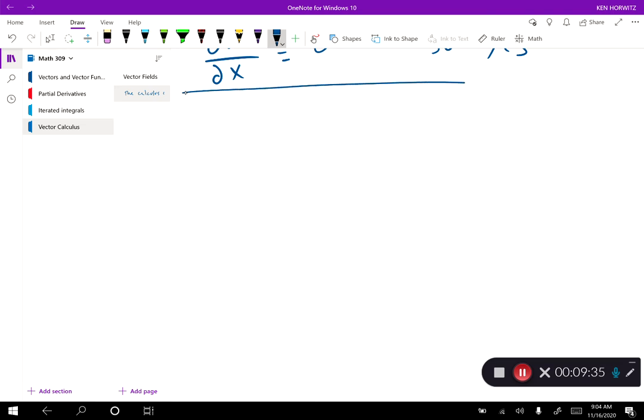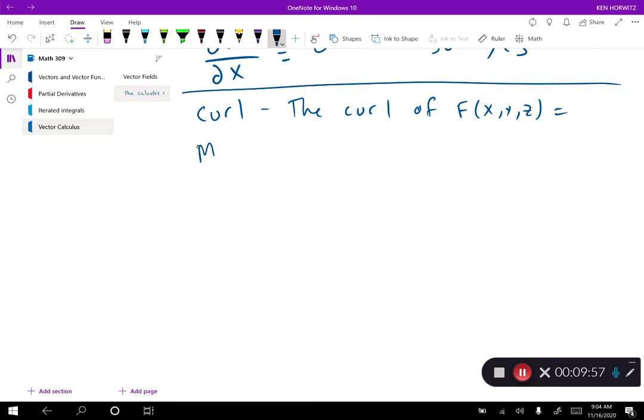The next thing we're going to talk about quickly is the curl. The curl of F of x, y, z, where F equals Mi plus Nj plus Pk, since I'm using 3 dimensions in space now, equals the gradient cross my vector field.